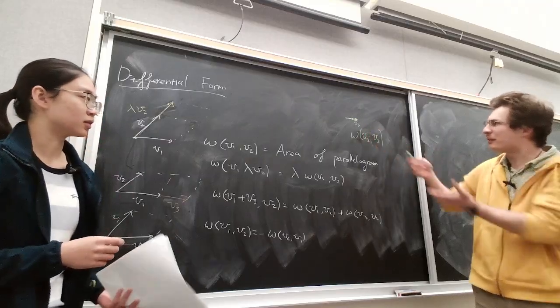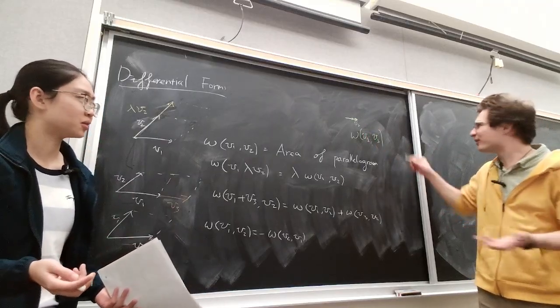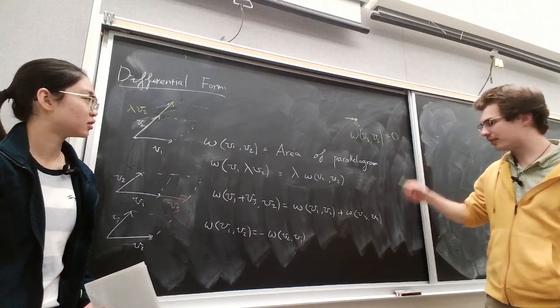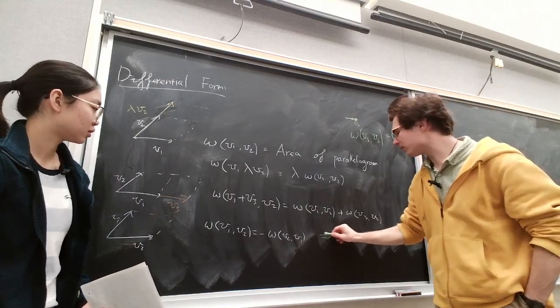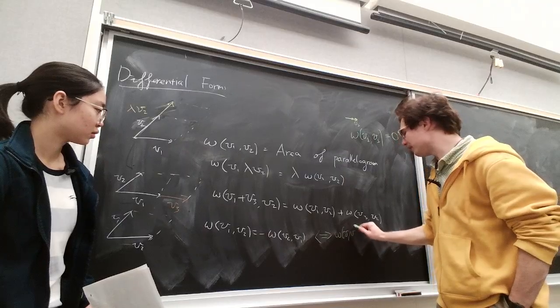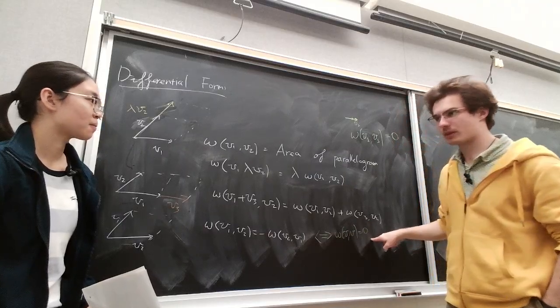What should the volume of this parallelogram be? 0, because it's not a parallelogram, it's just a single line. So this should be equivalent to demanding that omega of v comma v was always 0.